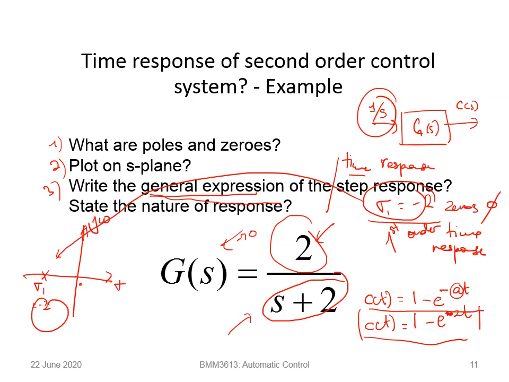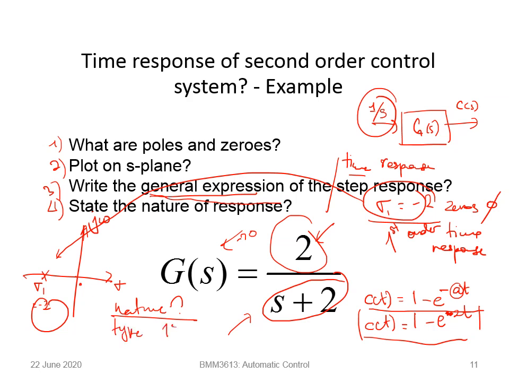Okay, and then next it asks us to state the nature of the response. So what is the nature of the response? When we ask for the nature of the response, it's two things. State the type of it.